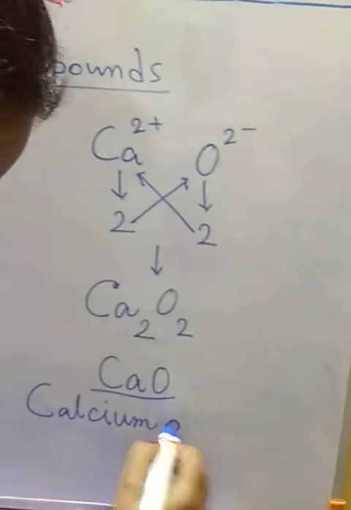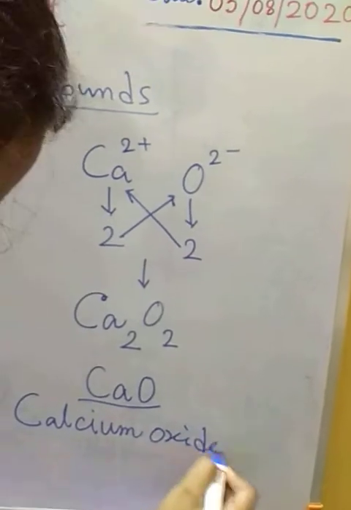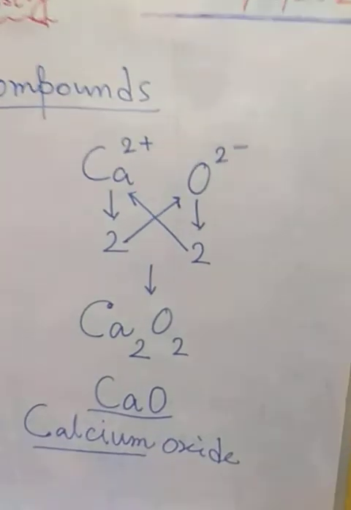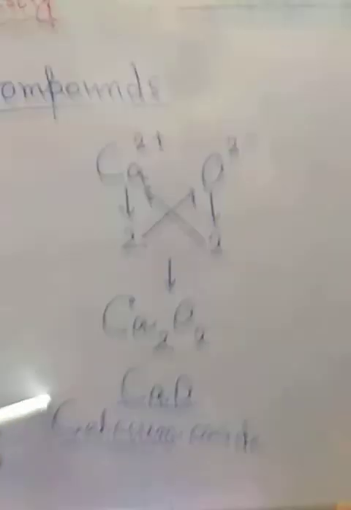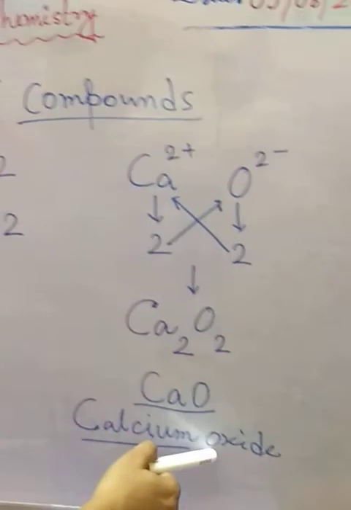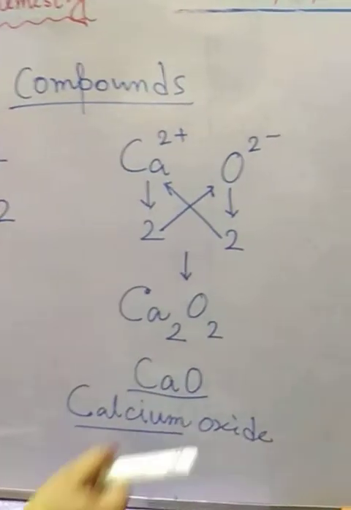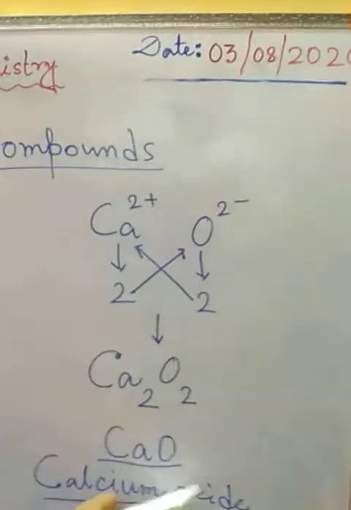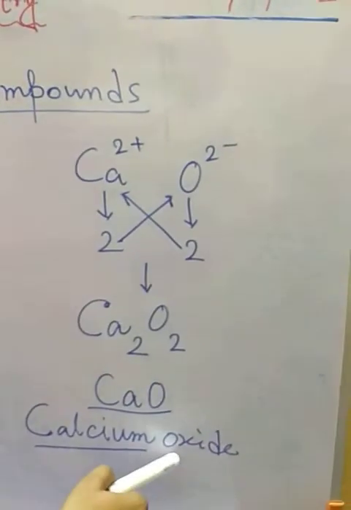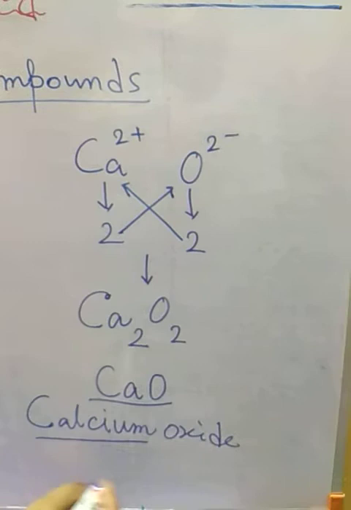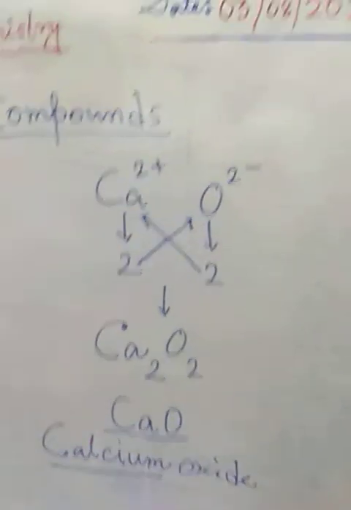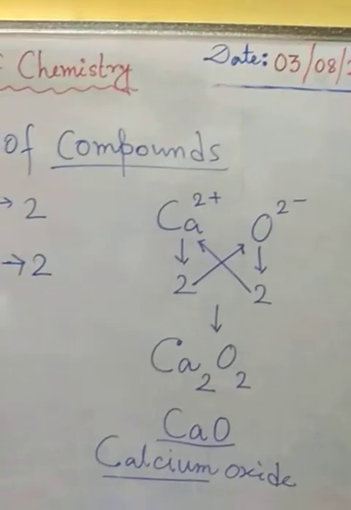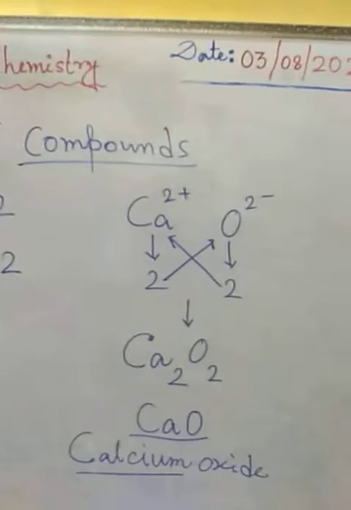You can notice that the first letter of the compound name is capital and the rest are small. This oxide O is also small, with a little space between the two words. In this manner we can construct the formula of any compound.